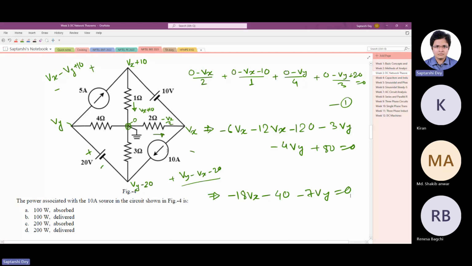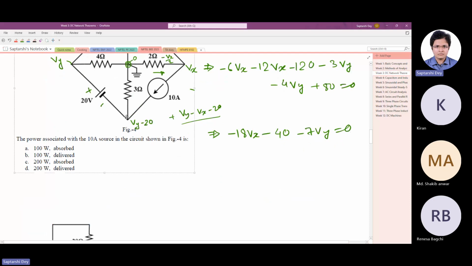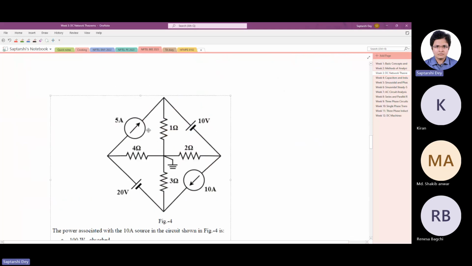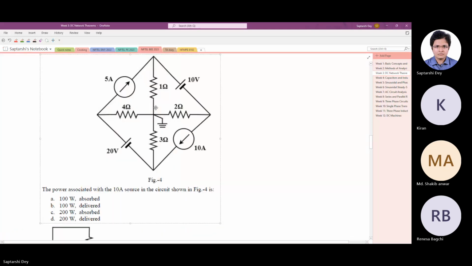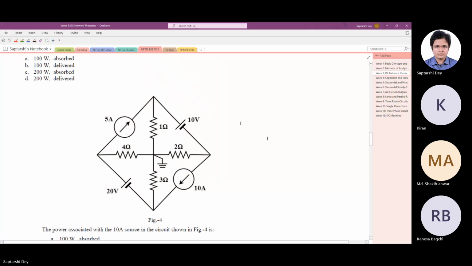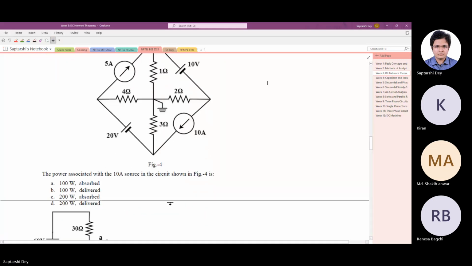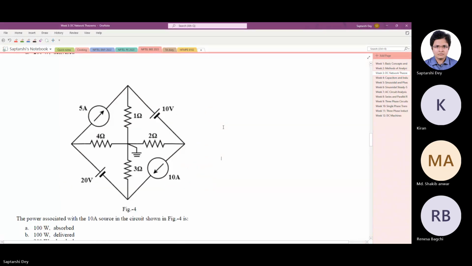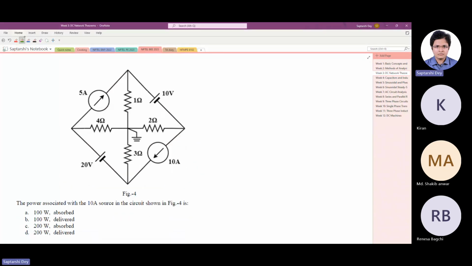Let us try with mesh, and we'll see later if we can do it. So we have seen that we need two variables. We'll go back to that. Let us see.